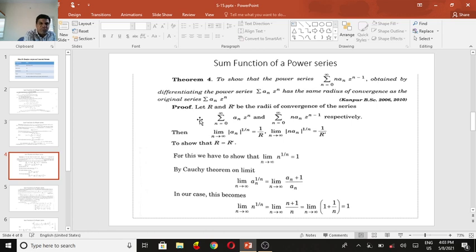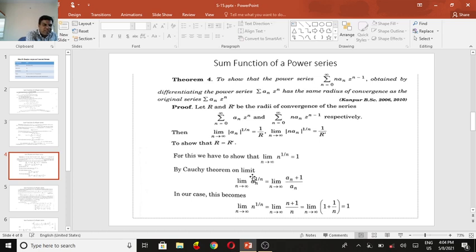First, to show that limit as n tends to infinity of n^(1/n) is 1, by the Cauchy theorem on limits, limit of an^(1/n) equals limit of a(n+1) divided by an. So limit of n^(1/n) equals limit of (n+1) divided by n.